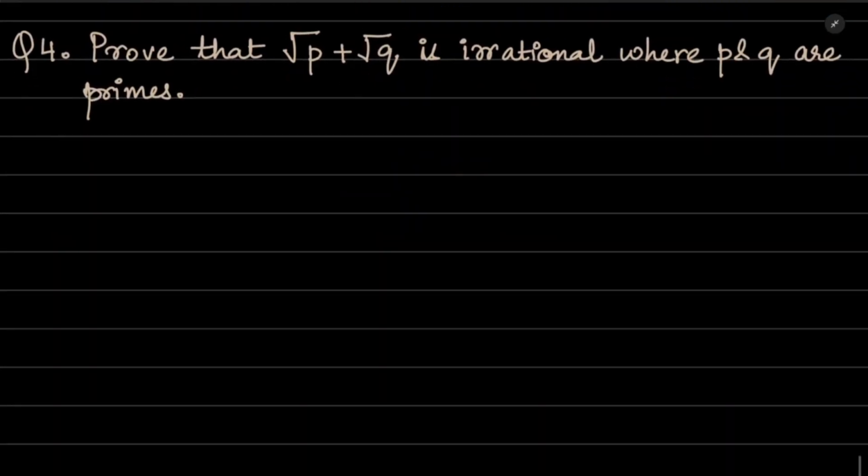Prove that root P plus root Q is irrational where P and Q are primes. Again, let's go with the contradiction method. For the contradiction method, the first thing is, let's assume that root P plus root Q is rational.